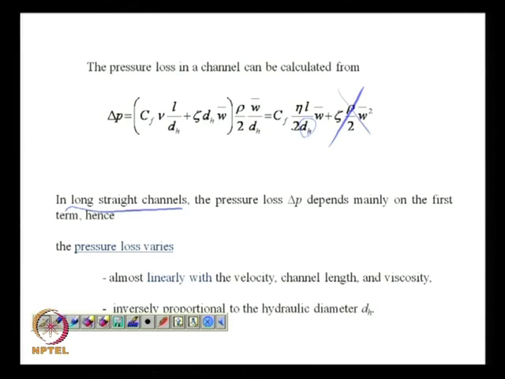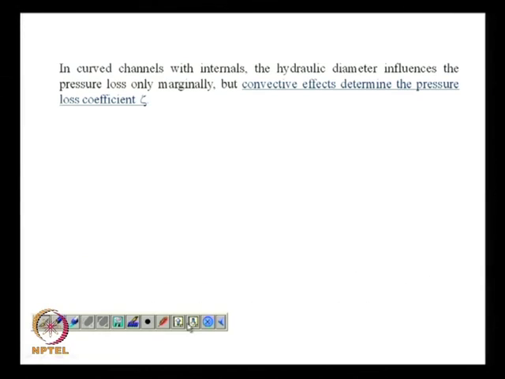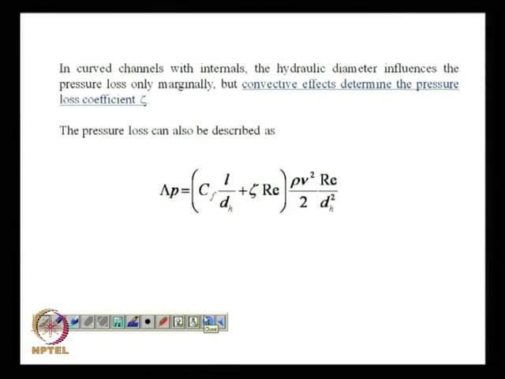So far it seems that it is simply linearly proportional to dH, but if we look at this expression in a slightly modified form, if I express everything in terms of Reynolds number, there would be a first term which is linearly dependent on Reynolds number, but a next term which depends on Reynolds number squared.